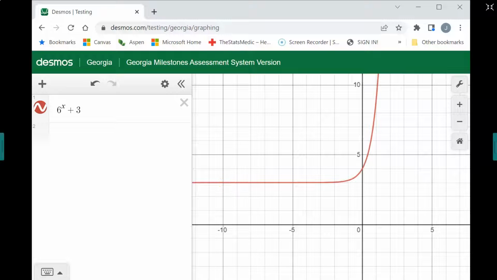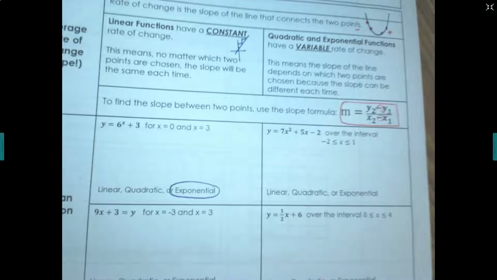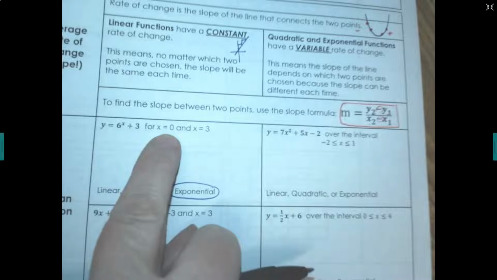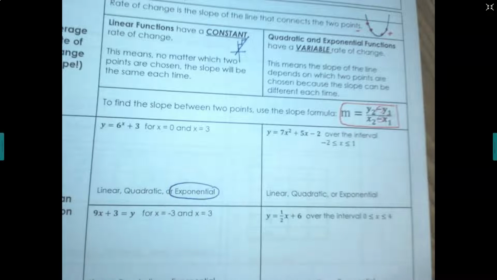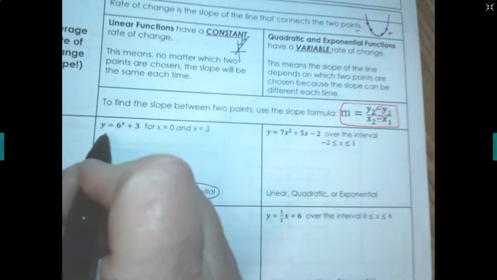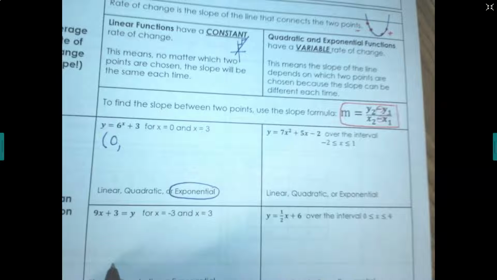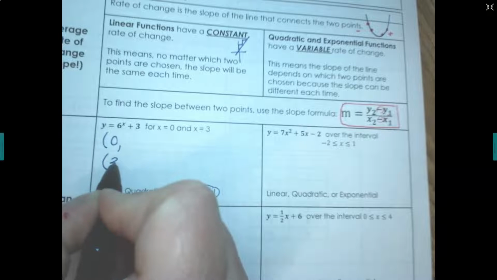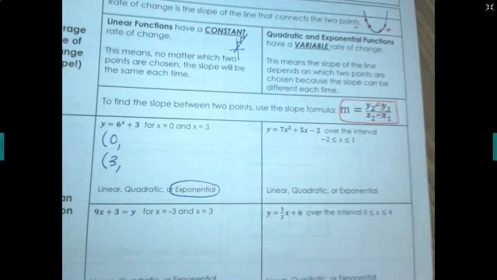So what our notes are asking us is we want to know the slope between where an x value is 0 and an x value is 3. So this is really two different points, one where the x value is 0 and one where the x value is 3. We're going to use Desmos to help us get the y values, because we need those in order to calculate our slope.